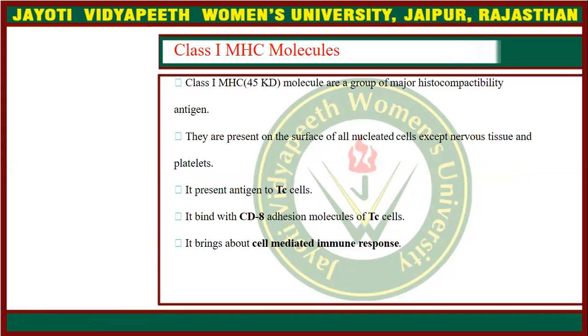It is a complex of 45 kilodalton molecule. Major histocompatibility complex number 1 is present on all nucleated cell surfaces. Mainly it presents the antigen to cytotoxic cells, the TC cells.